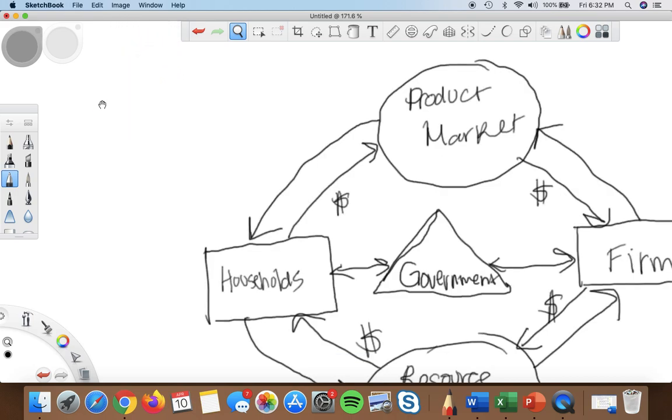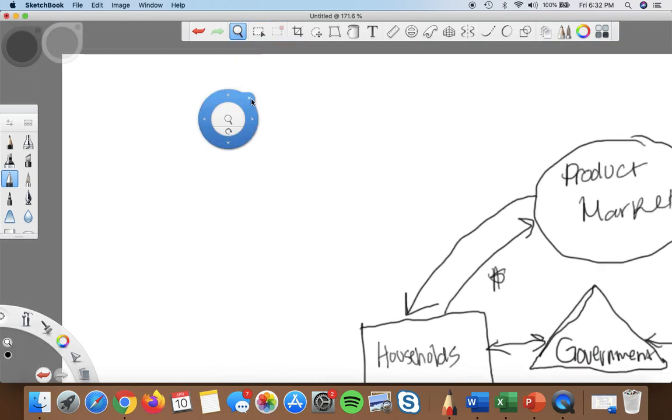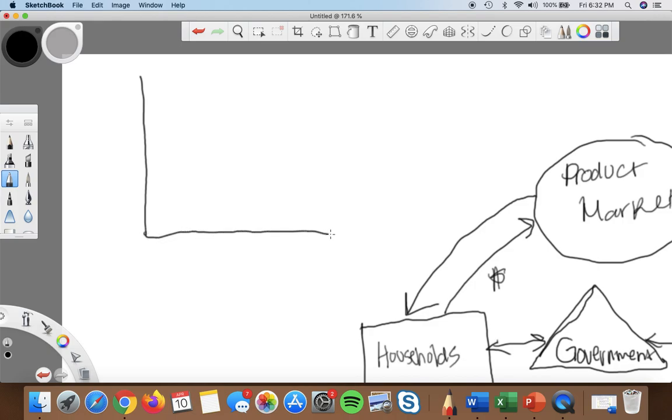There we go, give myself some more space. If I draw this graph here, my cheating graph here looks like this.